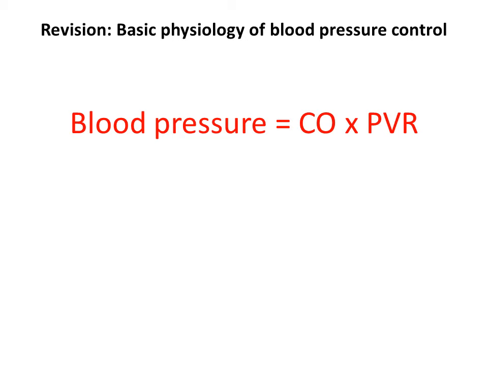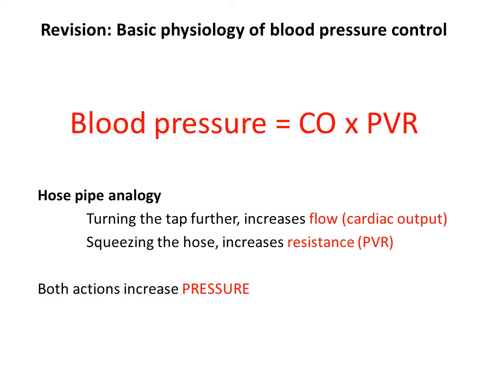Blood pressure, i.e. the force exerted by blood on the walls of the arteries, is determined by both the cardiac output and by the peripheral vascular resistance. To make sure we understand this, we can think of the hose pipe analogy. By turning on the tap further, increasing the flow of the water, we're, in our analogy situation, increasing the cardiac output of the system.